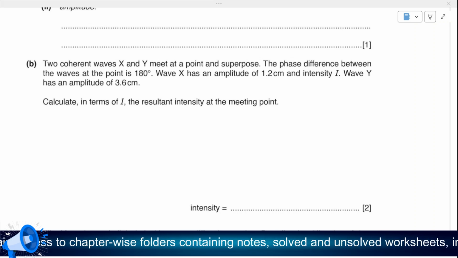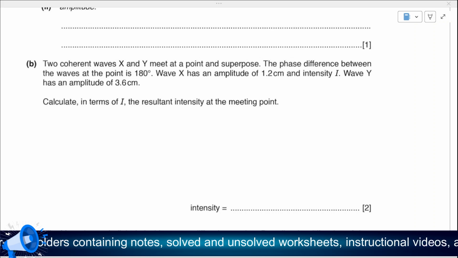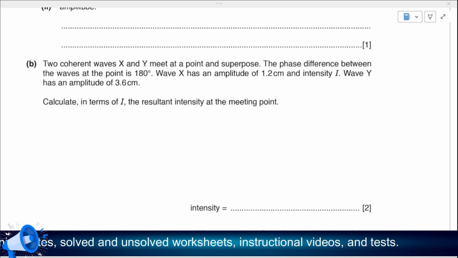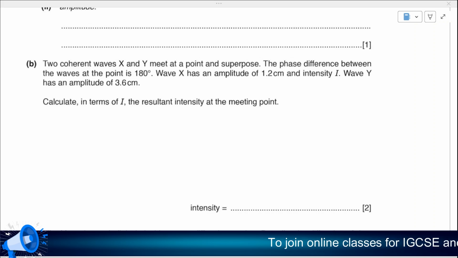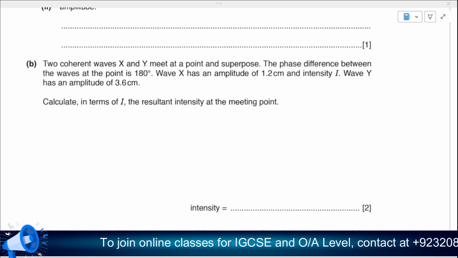They must have the same frequency. The phase difference between the two waves is 180. This means if one wave has a crest at the top, then the other wave must have a trough at that point.